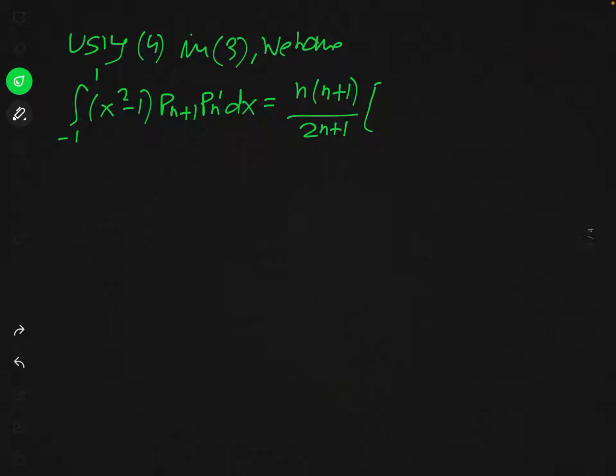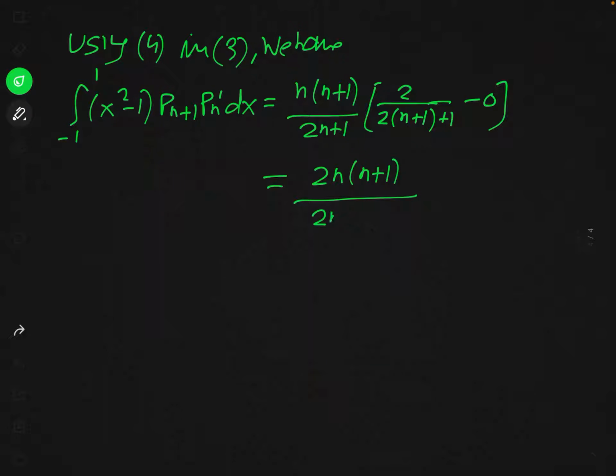So what will be the first result? This will be 2 over 2n, where n is in fact n plus 1, plus 1, so here will be 1, and minus 0. So you can see this is simply 2n into (n plus 1) over (2n plus 1) into (2n plus 3).